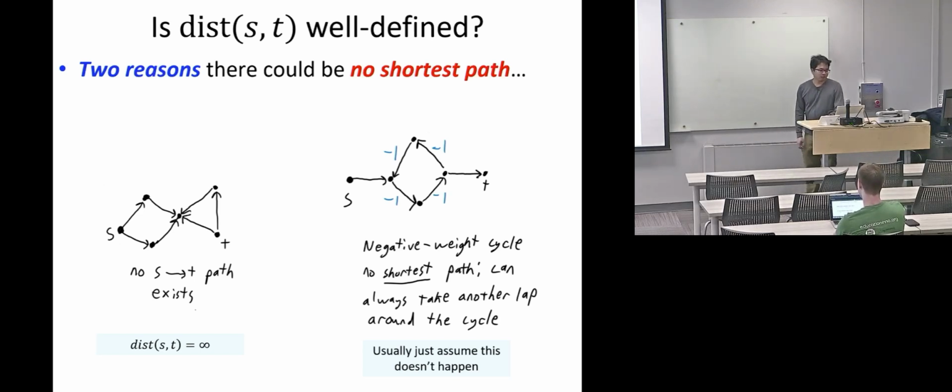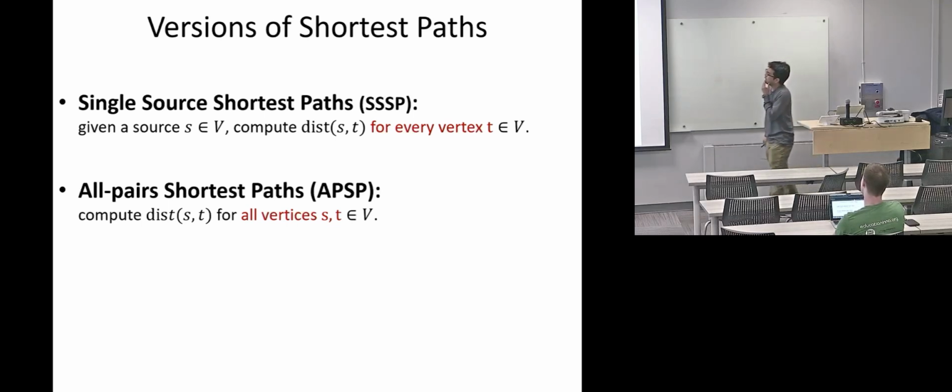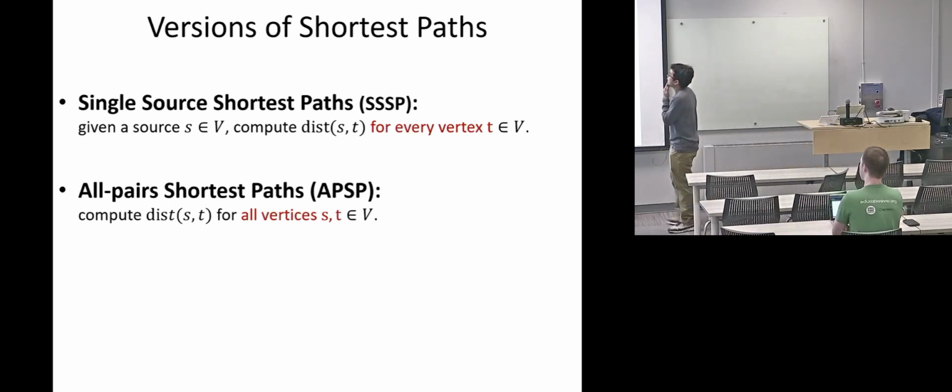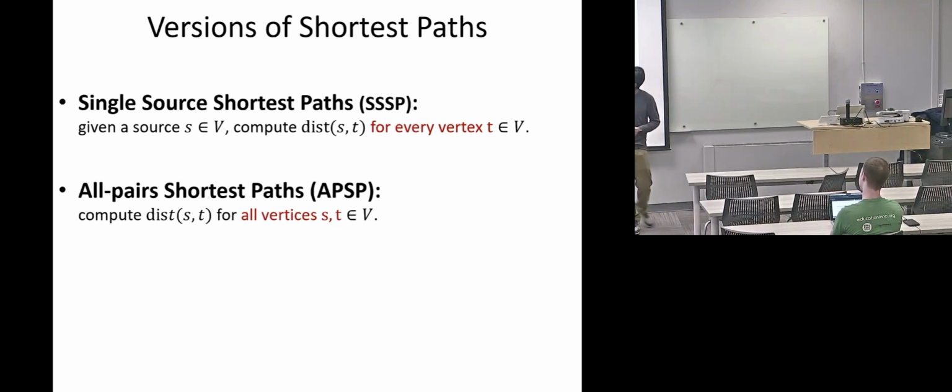Okay. But assume that this doesn't happen, then the distance is well defined. There are really two versions of the shortest path problem, and in today's class we will focus on just computing the number, the distance. One is called single source shortest path.